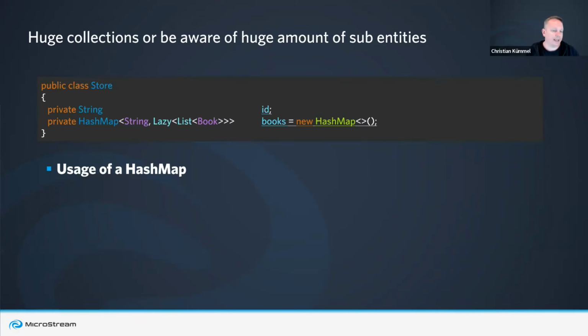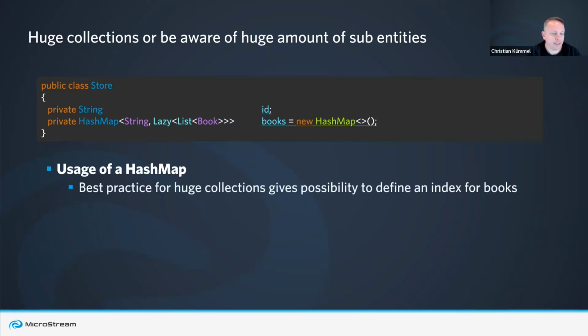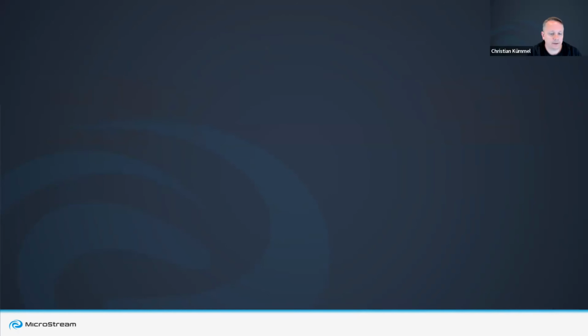You could create your own index within the string, and you can search for the first 3 digits of the ISBN, and then you will get a list of lazy books, and you don't have to load the whole list of books at once. Okay.